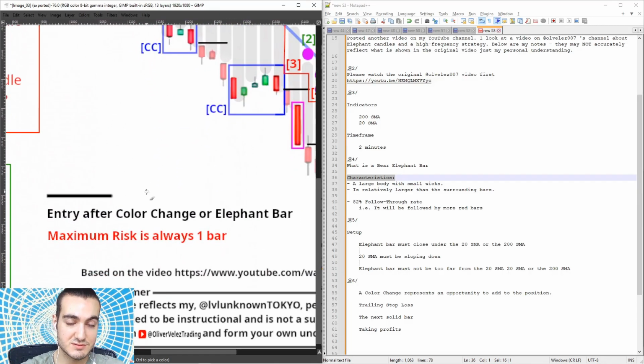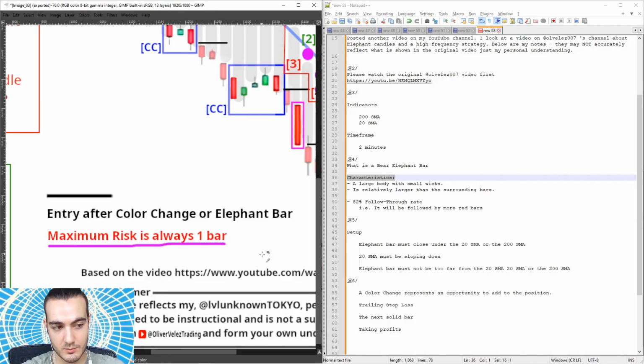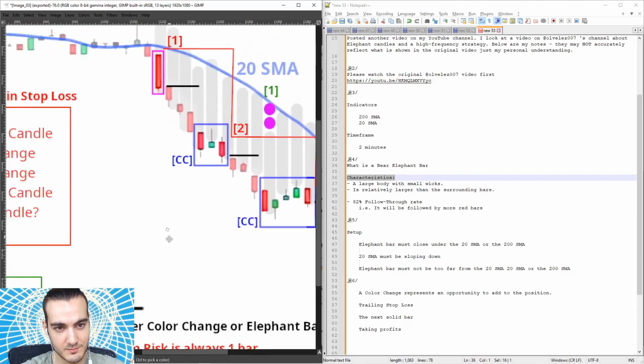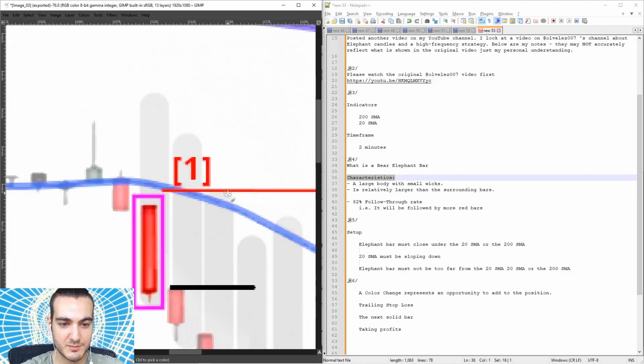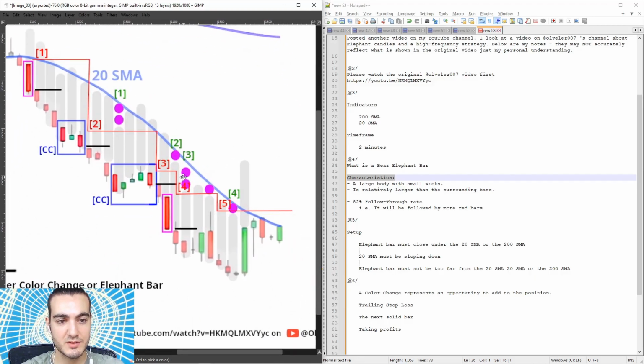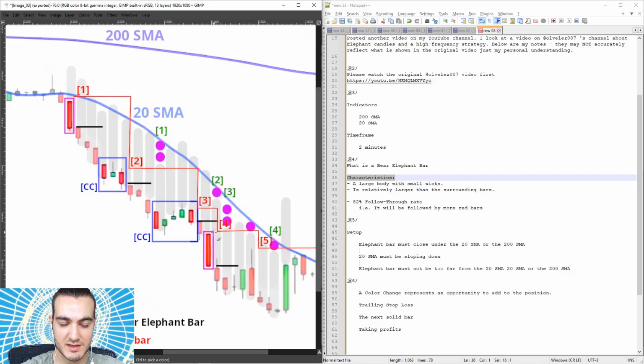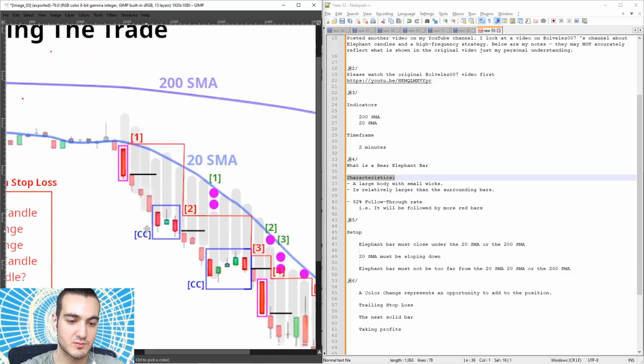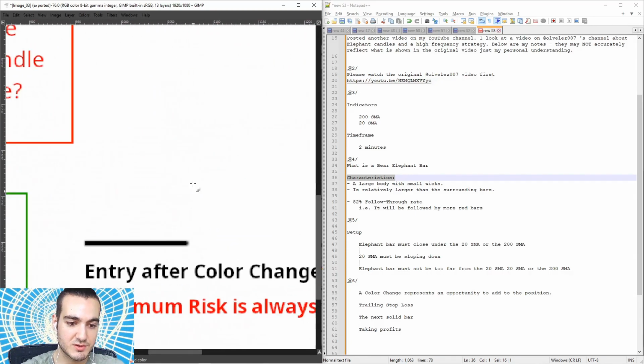And this ensures, and this is important, that the maximum risk is always just one bar. So we can see we have our stop here. And this red line delineates where the stop is as the trade plays out and as we manage the trade. And this black line is the entry.